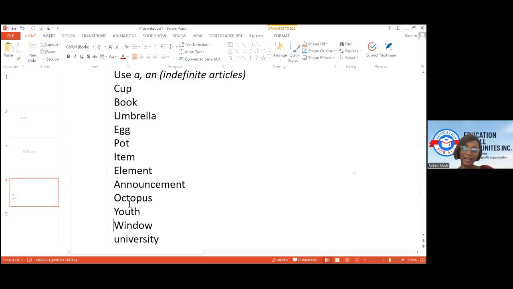I'm going to teach you that with time, but according to your program, young is an adjective because young is describing a person: a young person, a young boy, a young girl, a young child. Now the noun is youth. The adjective is young.